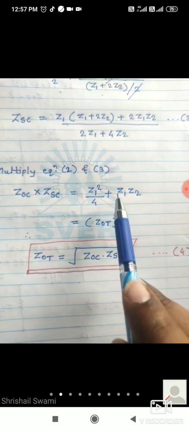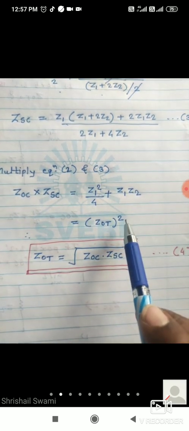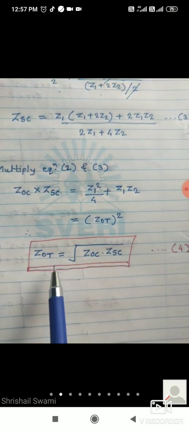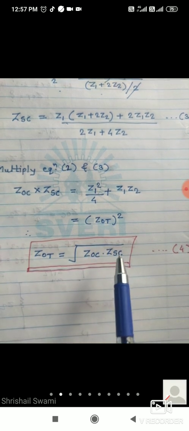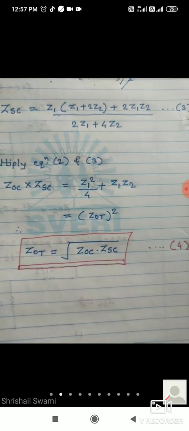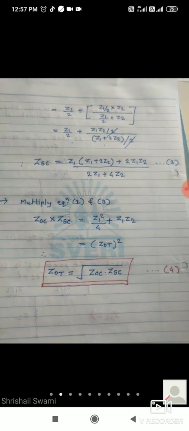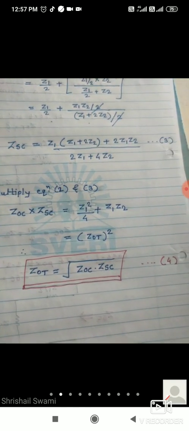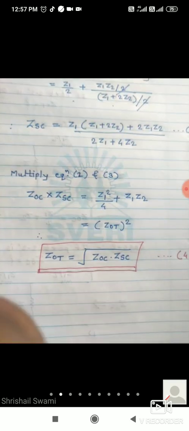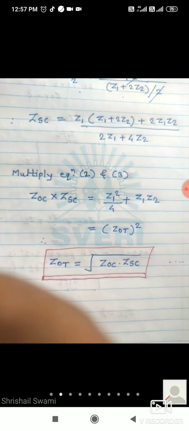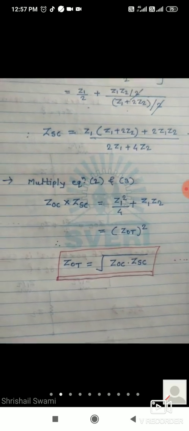You will get this one. So this is nothing but ZOT square. So take the square root. You will get ZOT is equal to under root ZOC into ZSC. So this is about the T network equation, in terms of the characteristic impedance. Now in terms of propagation constant. आता propagation constant चं तुम्हाला मी काय करतोय, directly I will give the formulas.